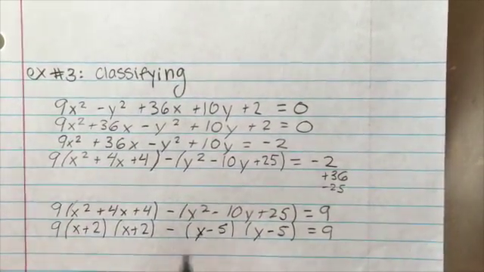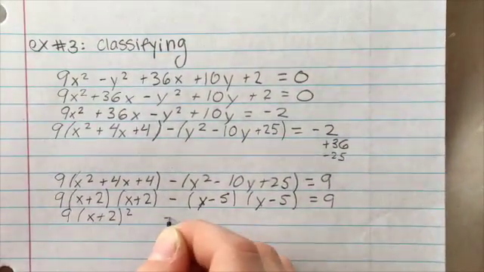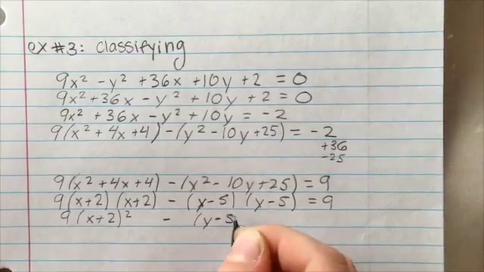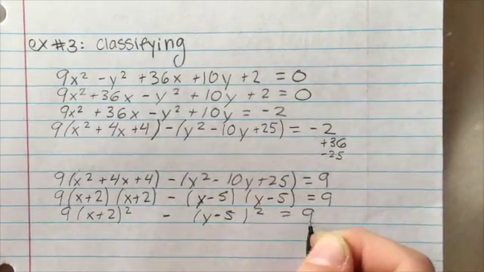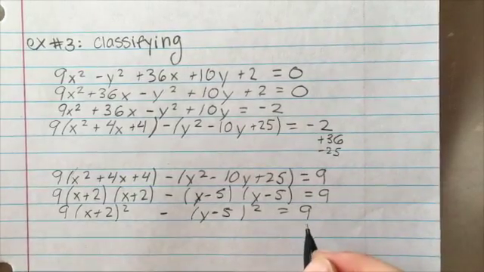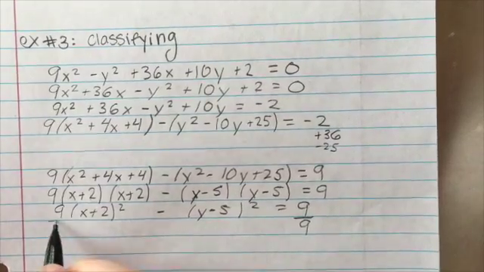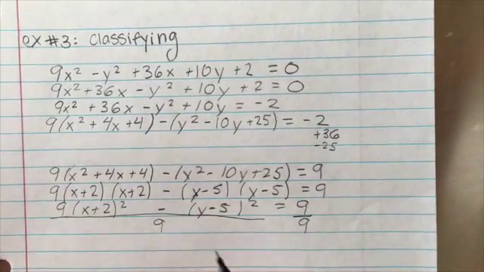And then you can simplify these by writing it as 9 times (x plus 2) squared minus (y minus 5) squared equals 9. Now, what do you know about hyperbolic equations? That it always equals 1. So to get this to equal 1, you have to divide this side by 9 and divide this side by 9.